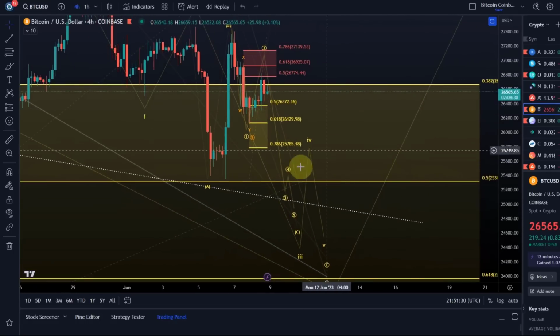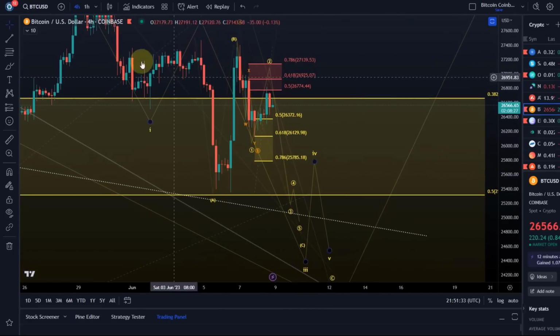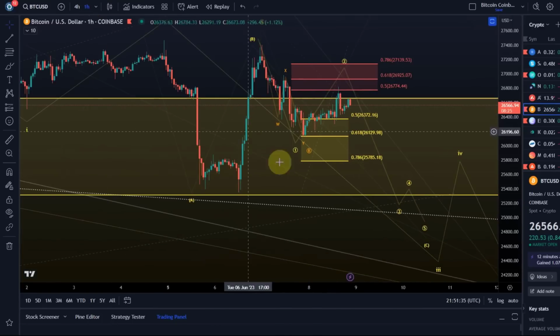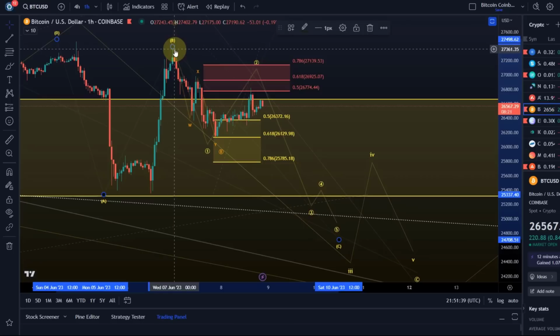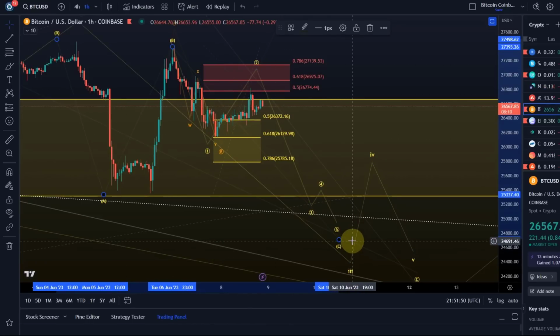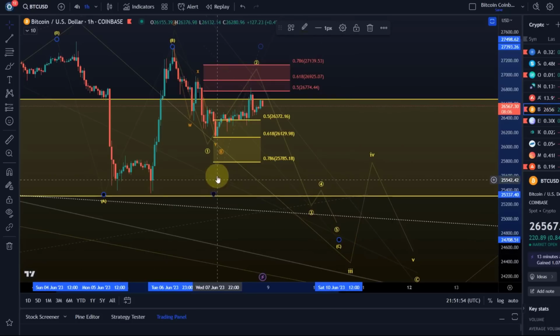Let me maybe even go to the 1 hour chart. So in the yellow count, we see the move that started on Wednesday's high, to the Wednesday low at 26,130, as a wave 1 to the downside of wave C, of wave 3.